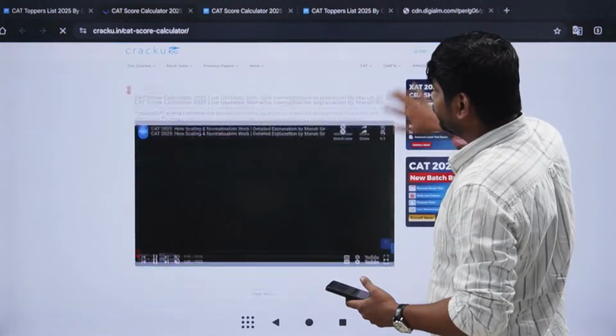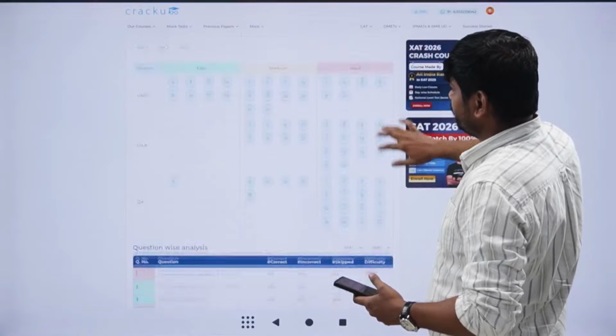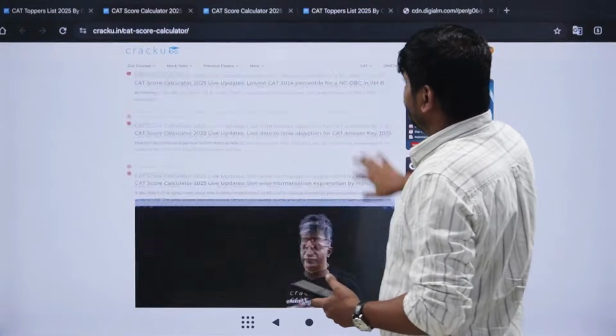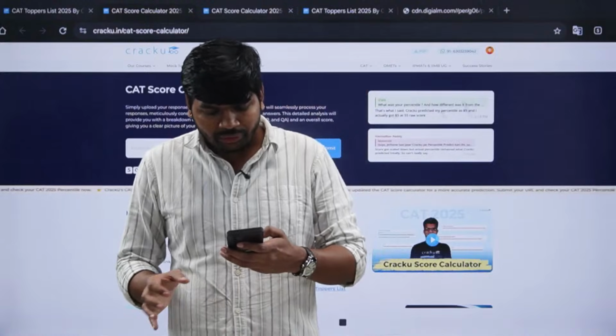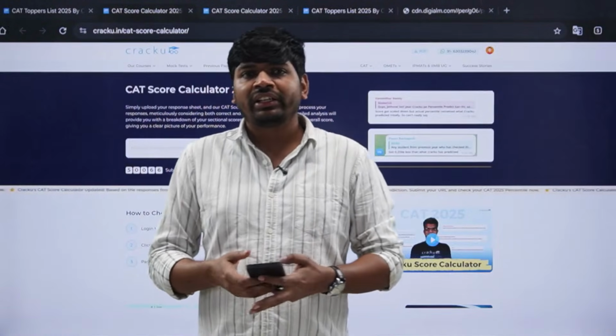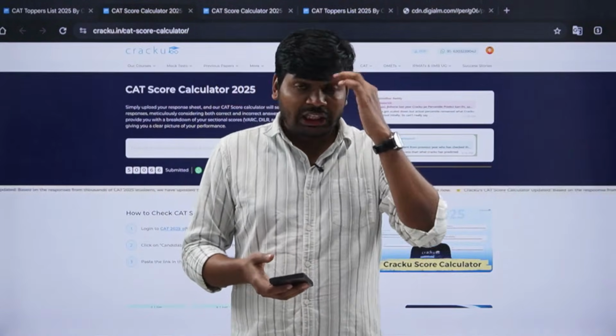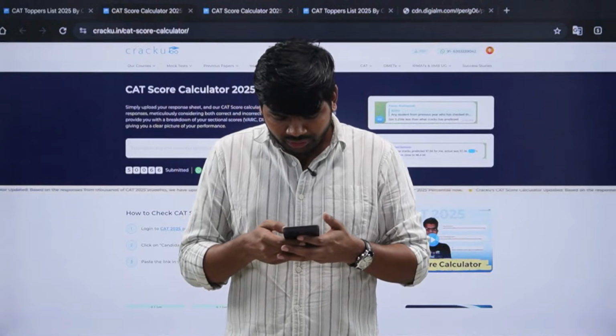So here if you go, when you enter your response sheet here, you will get a link where you can actually fill your details. Your expected college will be given to you at your score.